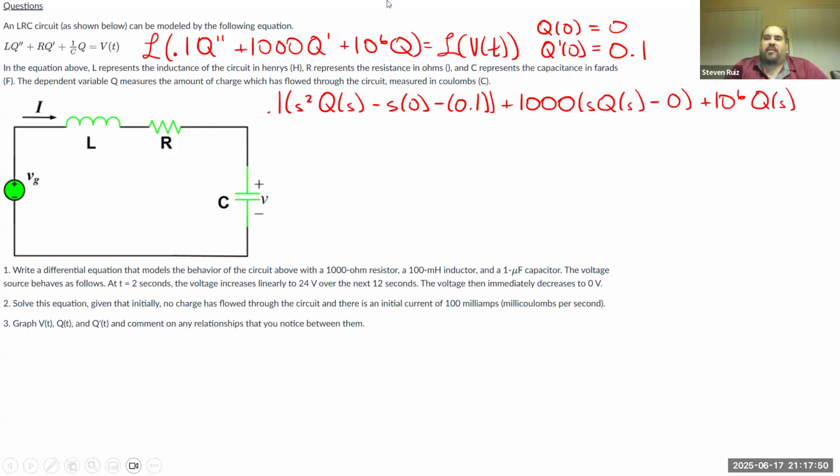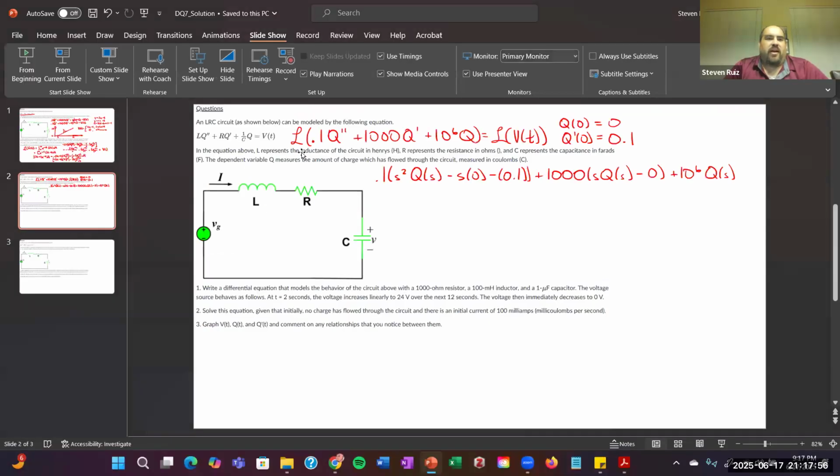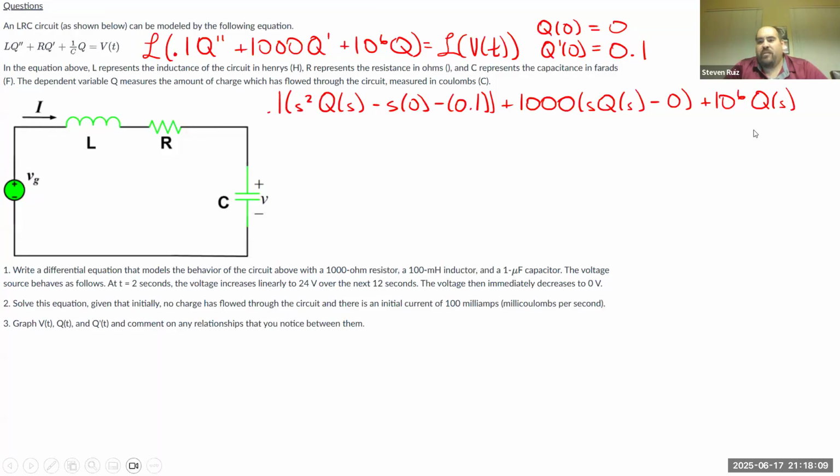And I want to double check that, so let's go back. I just want to make sure that I am correct about how the first derivative works: s F of s minus f of 0. Okay, so we're good there. So we should have everything we need now.